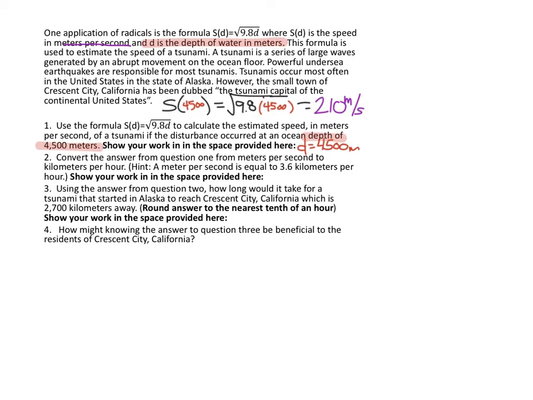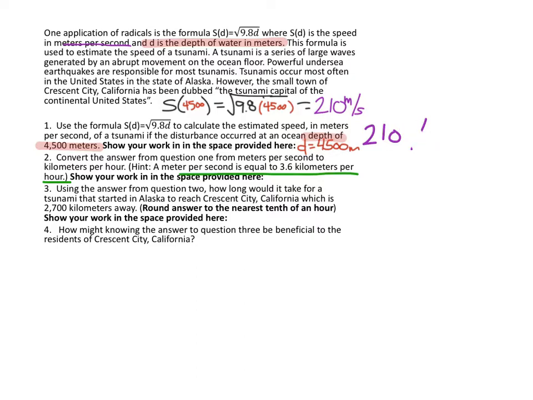Let's go over how this one works. Right now we're saying that it's traveling at 210 meters per second. And now this one says that a meter per second is the same as 3.6 kilometers per hour.